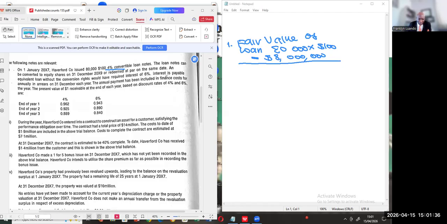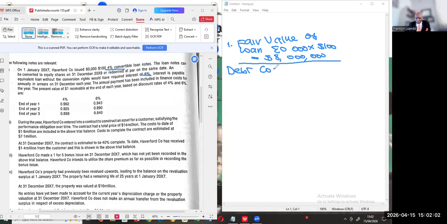Now check here. An equivalent loan without the conversion right would have required an interest of 6%. So this is the effective interest. So now we can calculate the debt component.